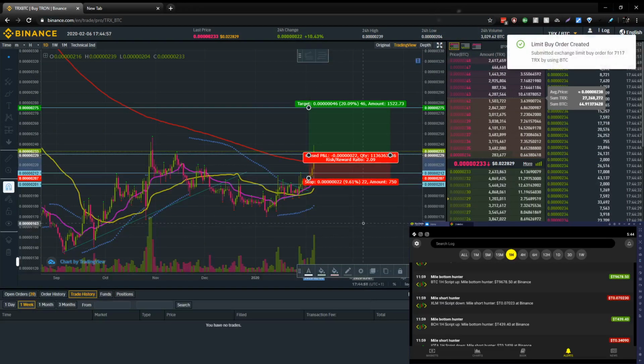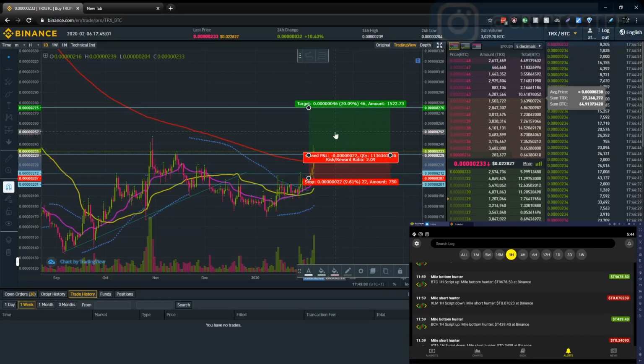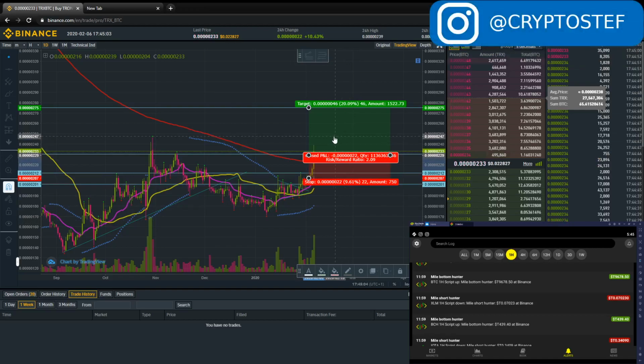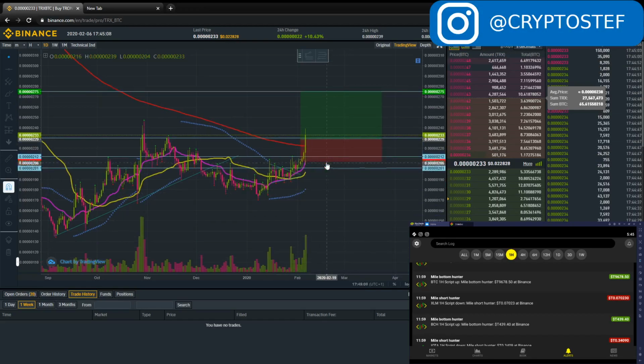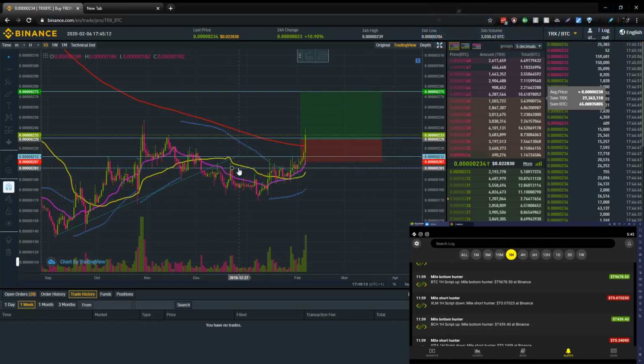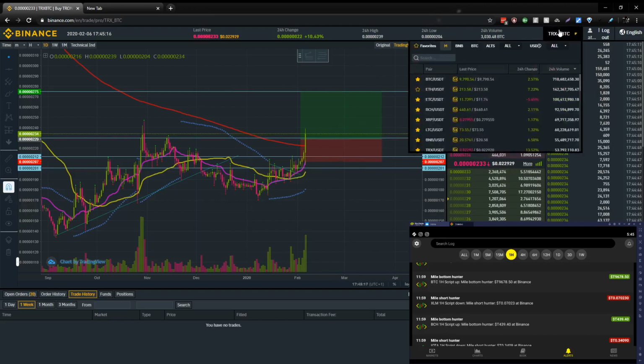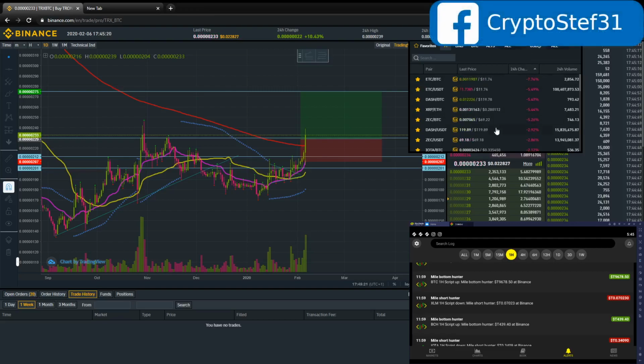So if this goes 20%, I will gain $30 probably, and I will lose 60 if it drops right to there. So that's for TRX BTC.